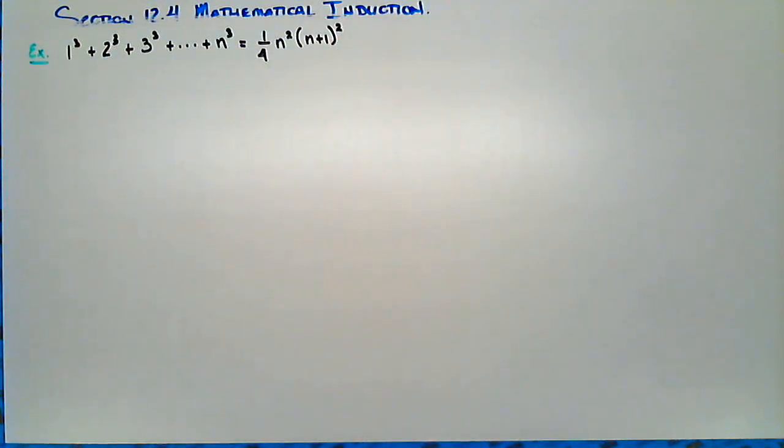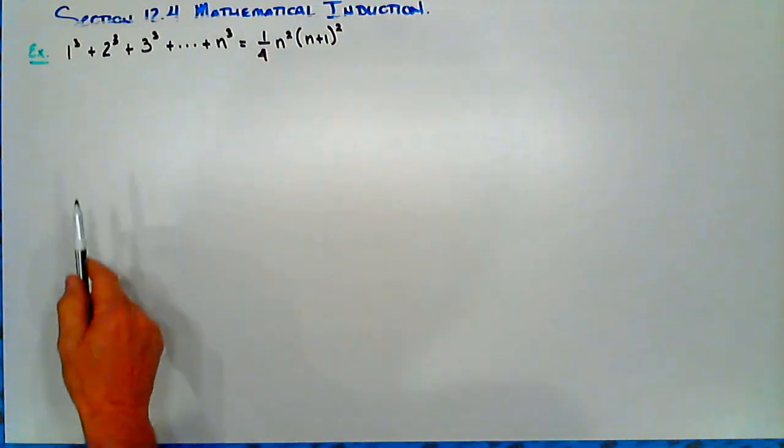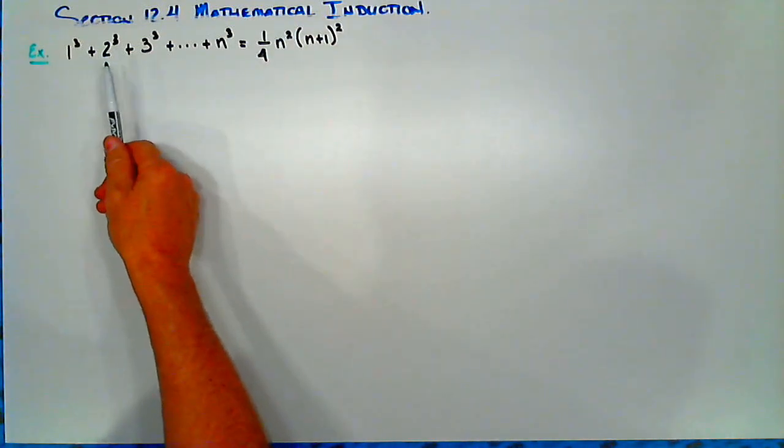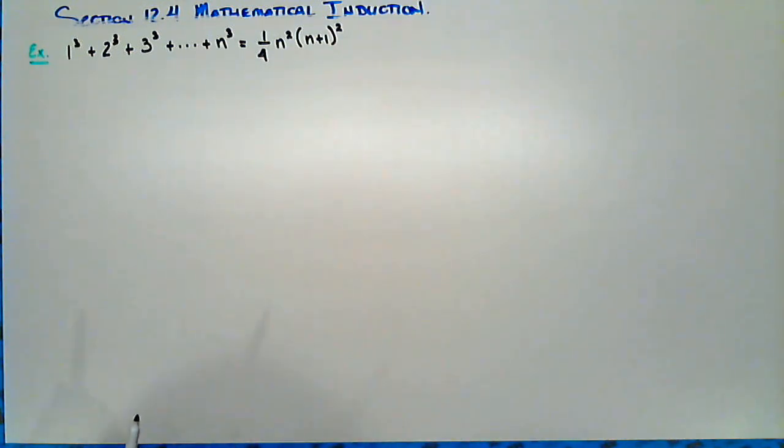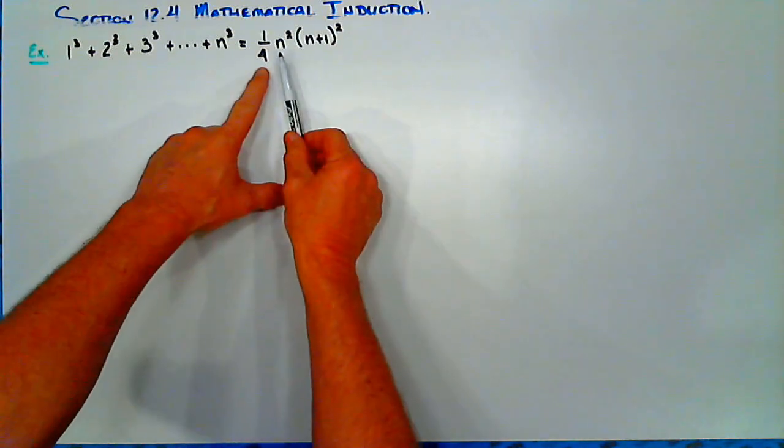Now we had a formula back in, I think it was section 12.2, that told us 1 cubed plus 2 cubed plus 3 cubed all the way up to n cubed equaled n times n plus 1 all over 2 squared. That's what we said. And that's what this is.